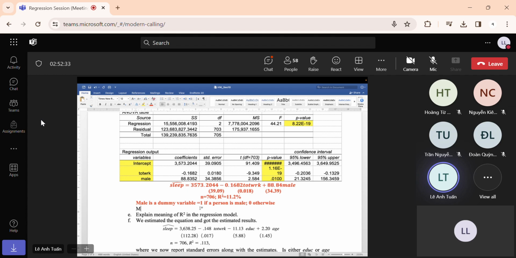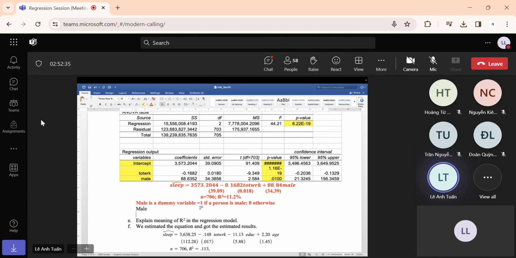That means male sleep more than female by 88.84. But because it is a multiple regression model, we say holding other variables constant, the male sleep more than female by this amount. So this way we explain the coefficient.